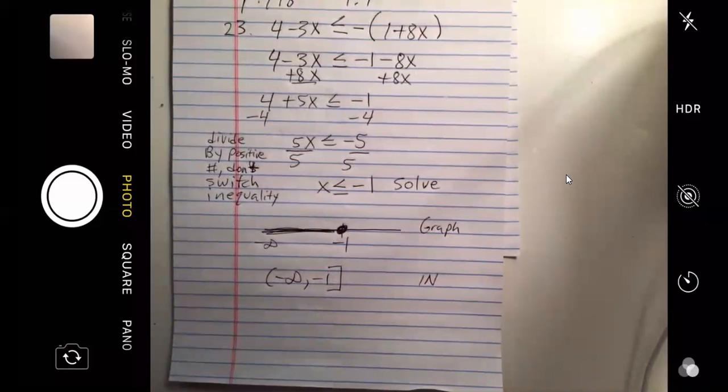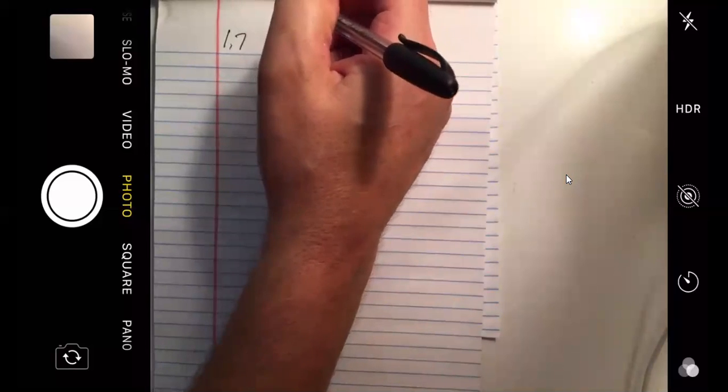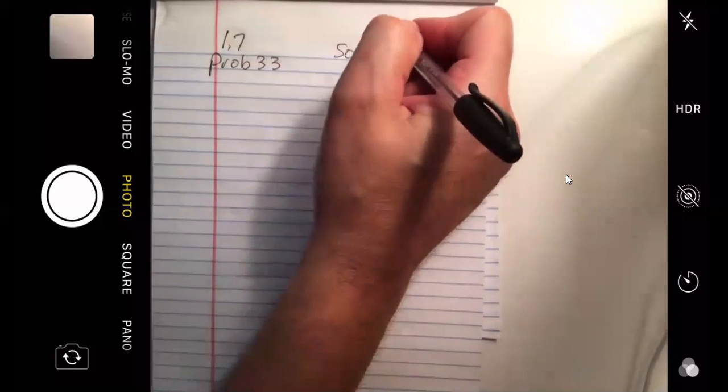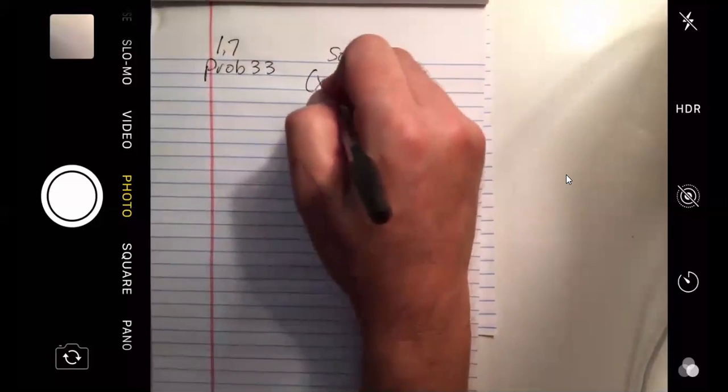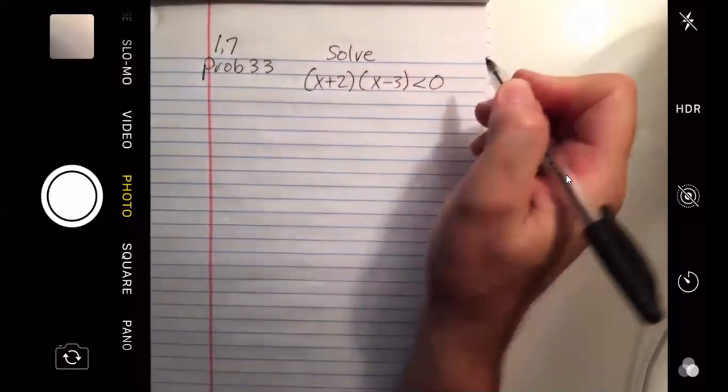Okay, let's go to the next section, which brings in squares, letters, and numbers. This is still 1.7. Let's try problem 33. Solve (x plus 2)(x minus 3) less than 0.